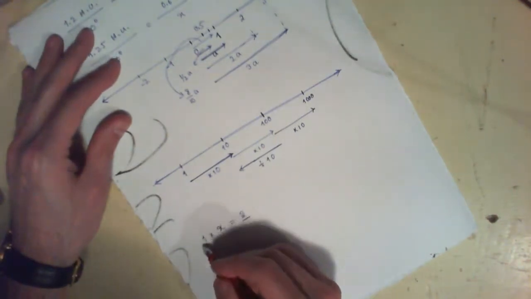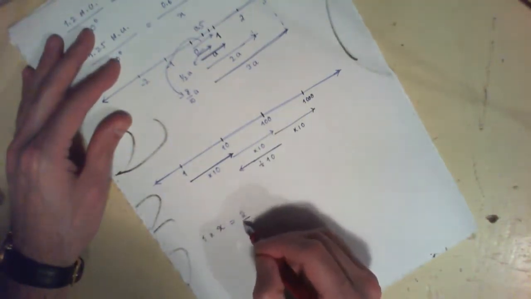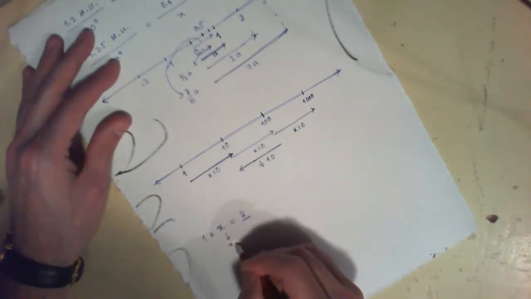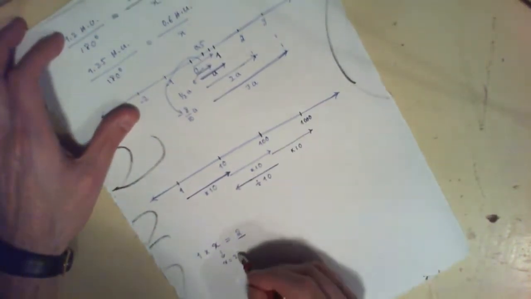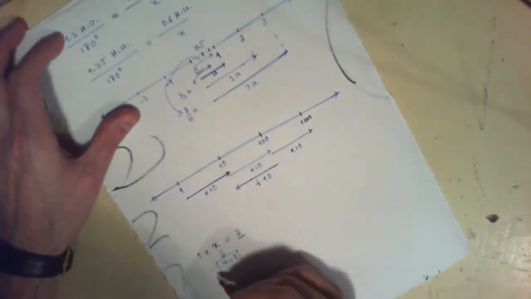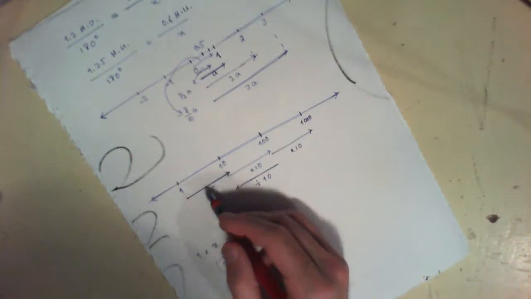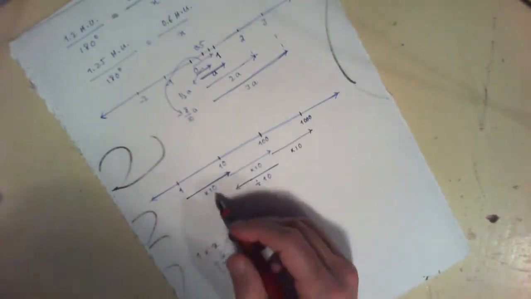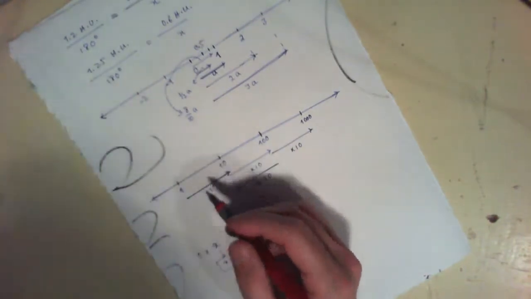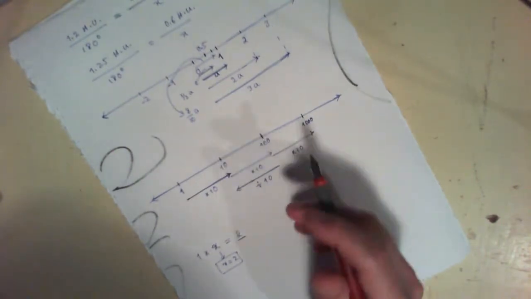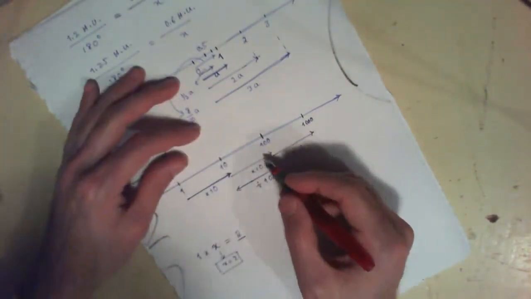So if you're at 1 and you want to get to 2, your x is going to be equal to 2. Now this 2 corresponds to a fraction of this unit over here. We said that this unit was times 10, so you have to know what times 2 is on this number line. In order to find out what that is, you need to use logarithms on this number line.